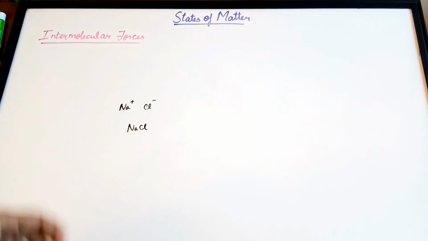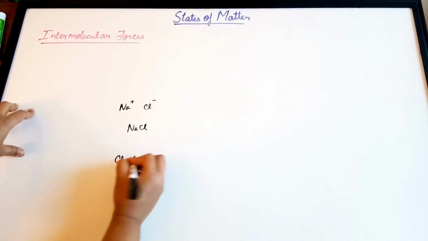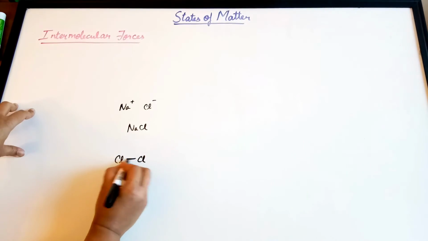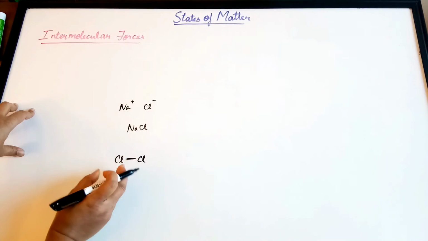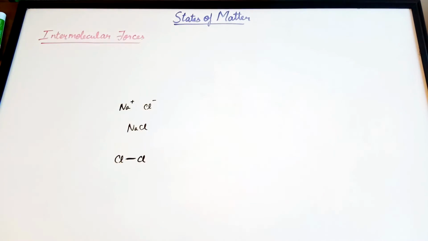So when we have a bond between a chlorine atom and another chlorine atom, we're not talking about the attractive force between the two chlorine atoms. That's not what we're discussing when we talk about intermolecular forces. Instead, it's about the forces between atoms or between molecules. It's not the bonds which are formed.